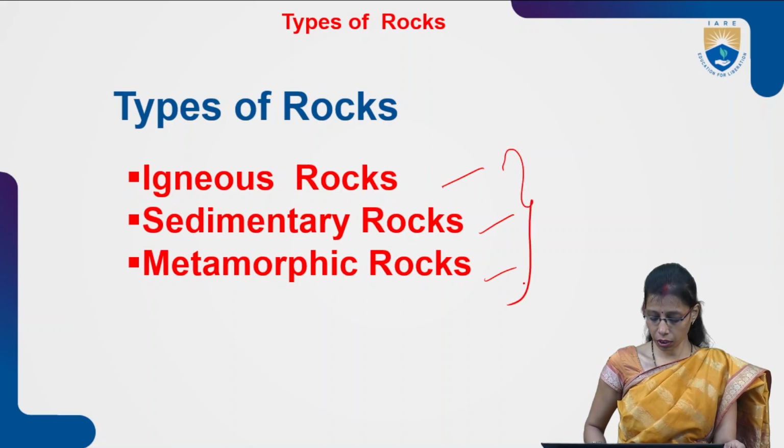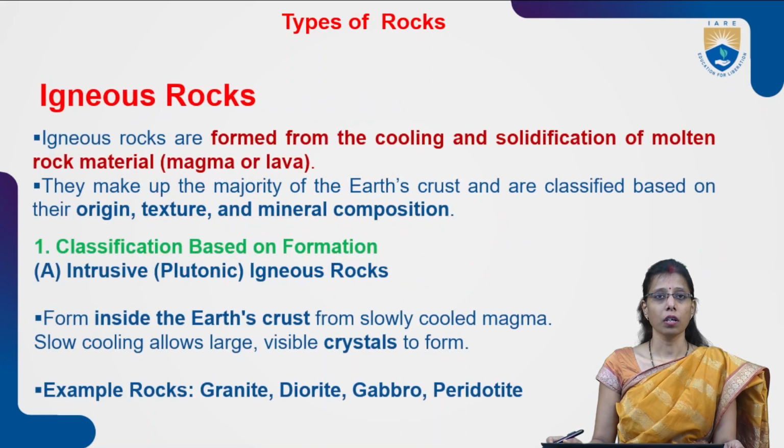So let us start with igneous rocks. As you remember, we have already learned about various types of rocks in the previous lectures also. Igneous rocks are basically those rocks which are formed due to lava exposure or the occurrence of magma. Once the lava comes out and cools down rapidly, igneous rocks form.